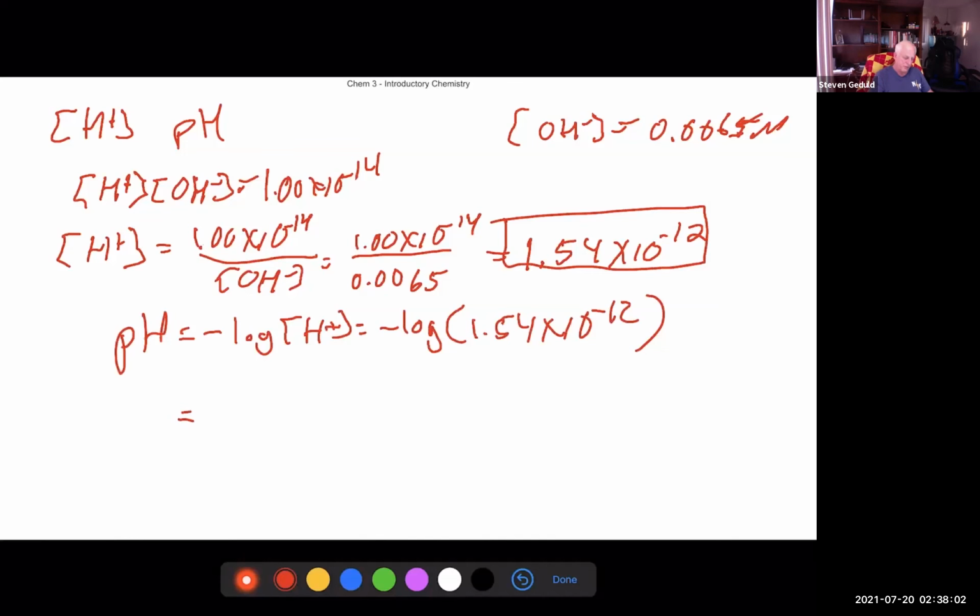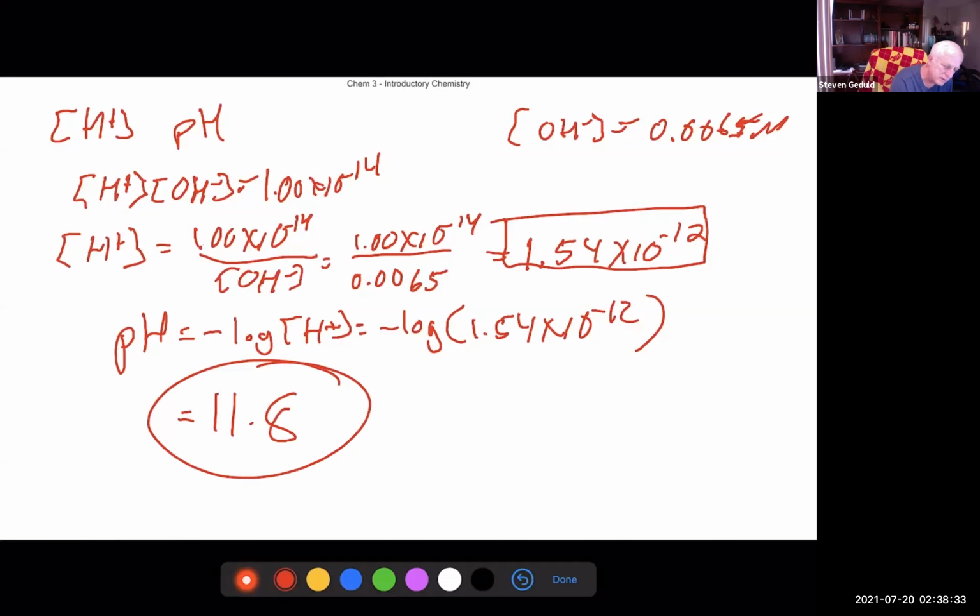Put in 1.54, then EE, then 12, and hit the plus-minus to change it to a negative. When dealing with logs, you have to hit the equal sign to set that number, then hit the log, then reverse the sign, and it's 11.8. That is your pH. So that's the H plus concentration, and that's your pH.